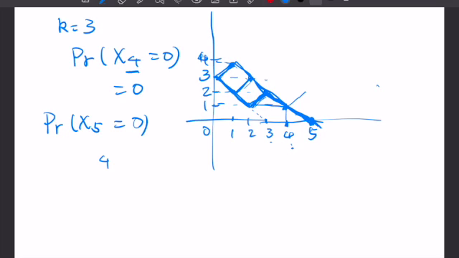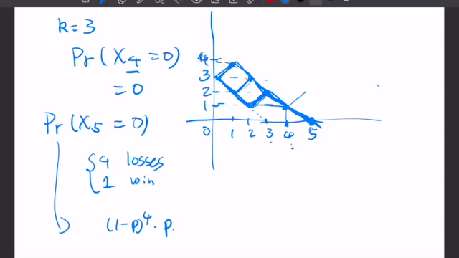So 4 losses and 1 win. So that means this probability will be (1 minus p) to the power of 4 times p. And there are 3 possibilities. So it should be something like this.